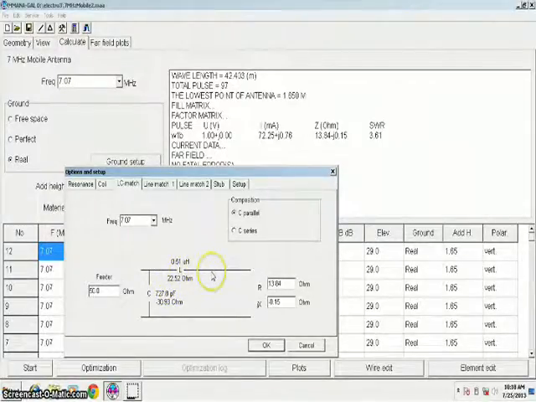and it goes to the loading coil here. Okay, and between inner and outer or braid of coaxial is short-circuited by capacitor here with the value of 727.8 picofarads.